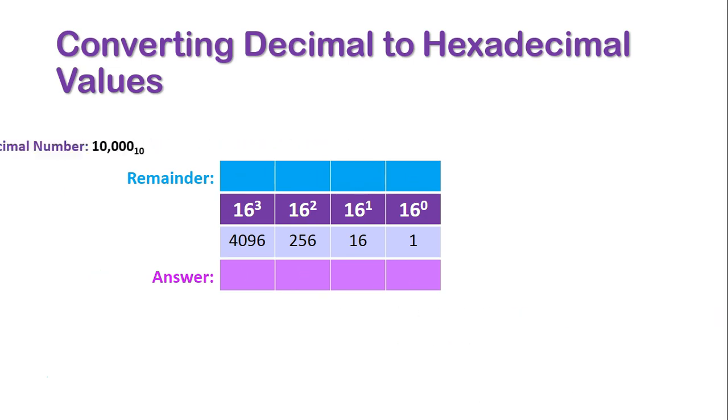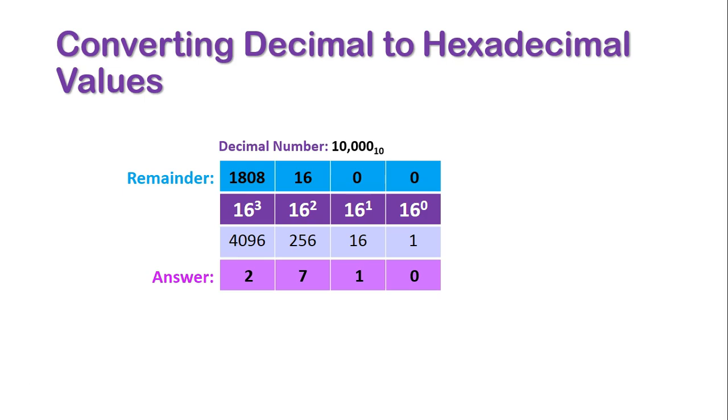The next value we'll look at is the number 10,000. With this number, obviously 4096 does go into it twice, with a remainder of 1808. 256 goes into 1808 7 times, with a remainder of 16. Obviously 16 goes into 16 once, and we've got no more remainder, but we do need to make sure we put a 0 on the end to show that it goes into that column, and our remainder obviously reflects that.